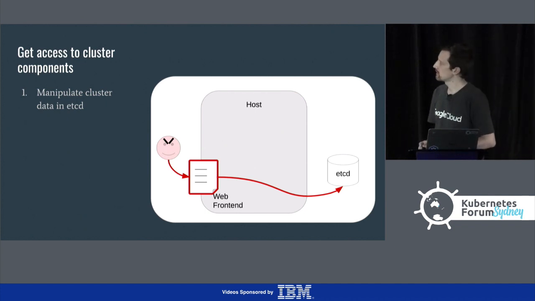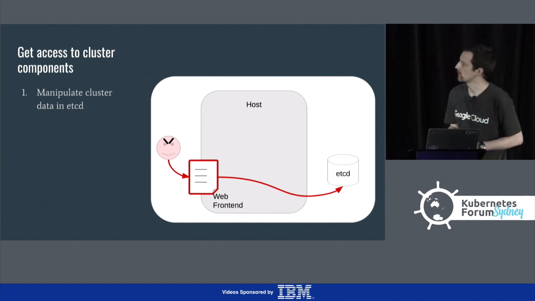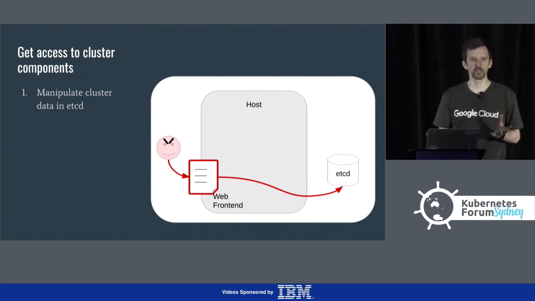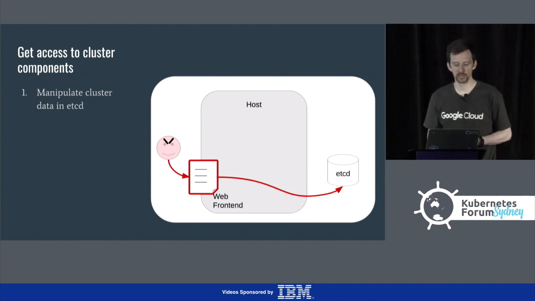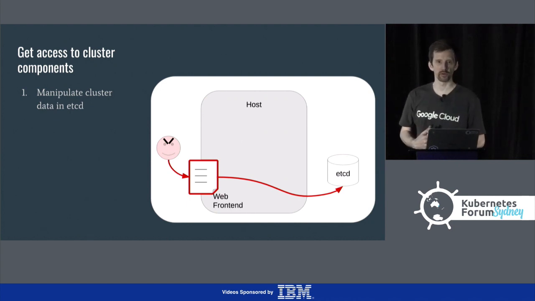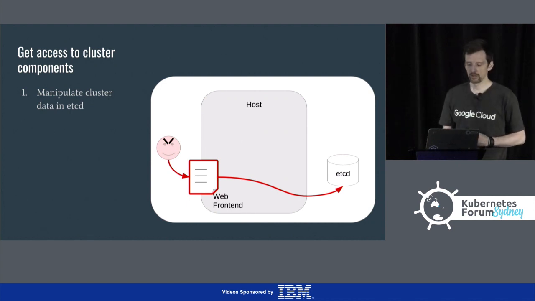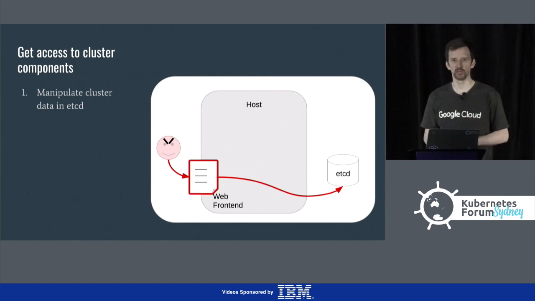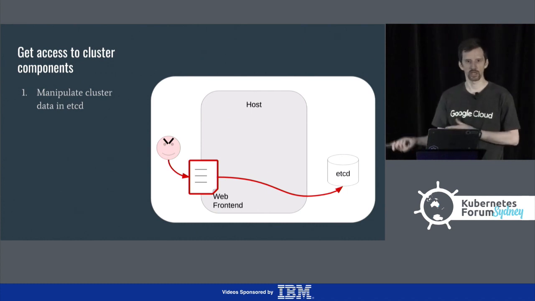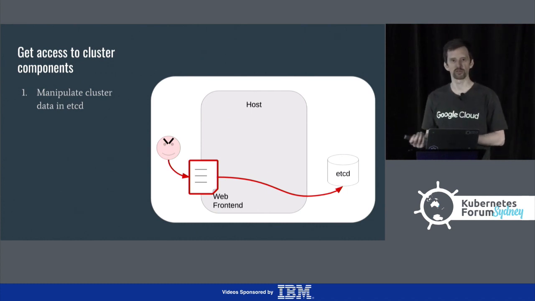Another scenario that an attacker might go through as they're trying to attack a cluster is to attack some of the cluster components. In this case, we're going to talk about etcd because that's particularly vulnerable, but you might think about any other components running in the cluster similarly. These are things that the API server needs, or the API server itself.